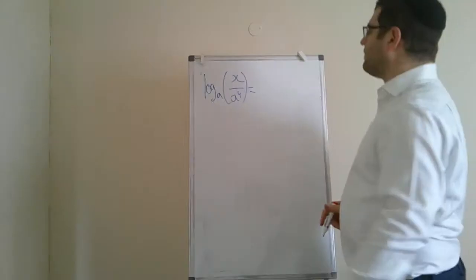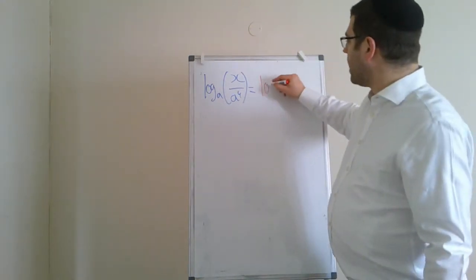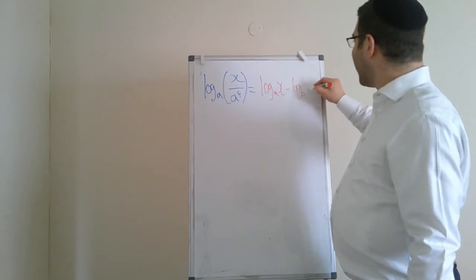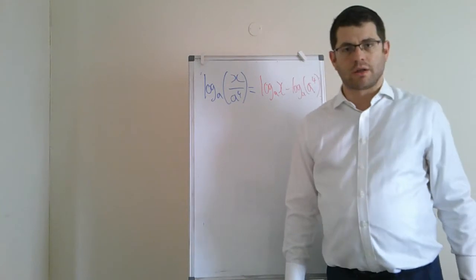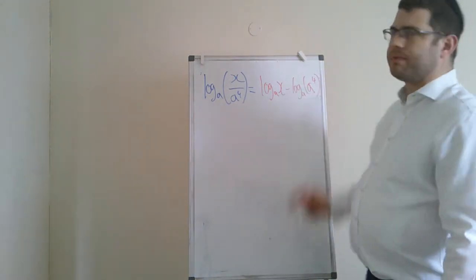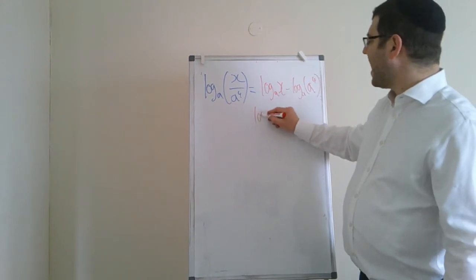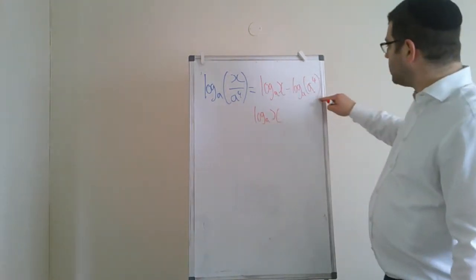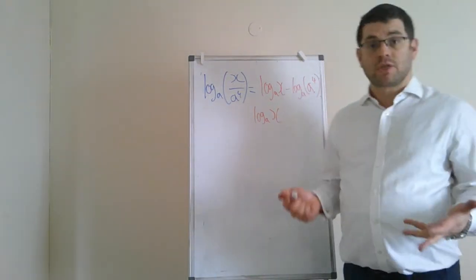The final one, log a of x over a to the 4, it's a division, so we can write log ax minus log a of a to the 4. Now, log ax was allowed in the answer, but log a of a to the 4 wasn't. You can go further than this. Remember we had that in a previous video. You don't leave this as log a of a to the 4, because that should be an obvious result.